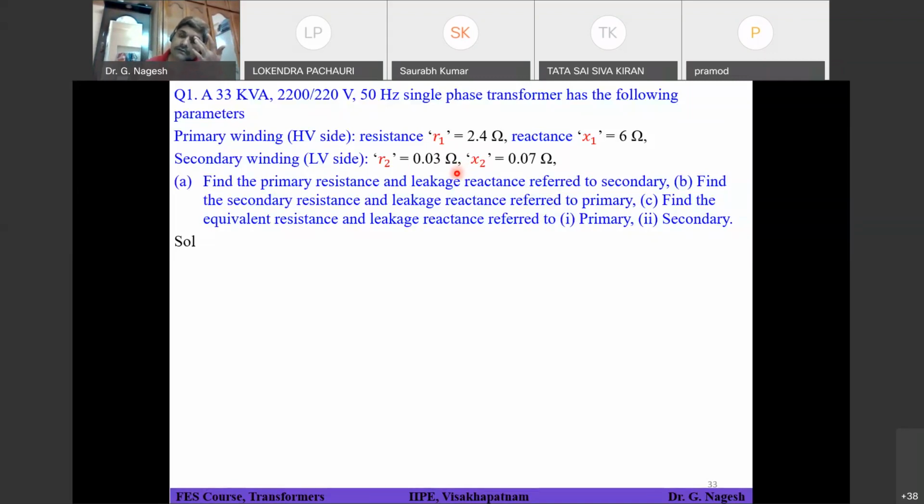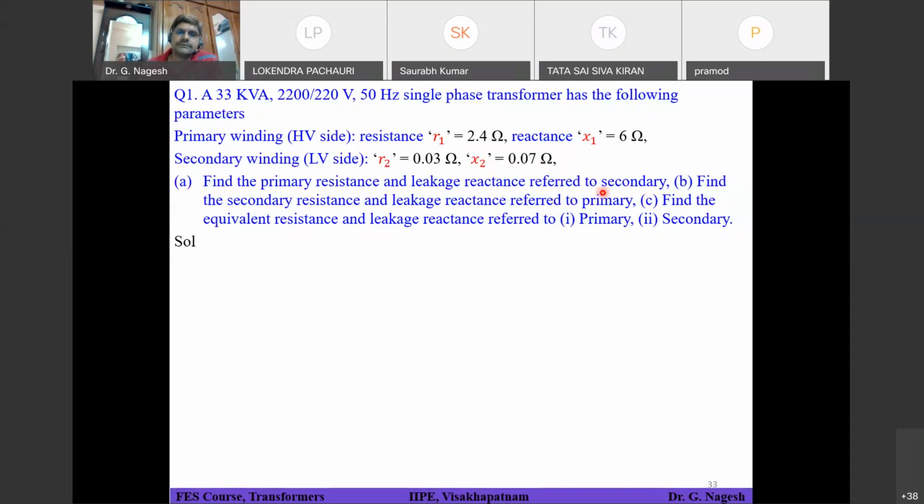R2 dash equals R1 into N1 by N2 whole square. Okay, so what have you done in that? But what is the question here? Are you talking about answer B or answer A? The first part, that means A, find the primary resistance and leakage reactance referred to secondary. Okay, you are telling B.